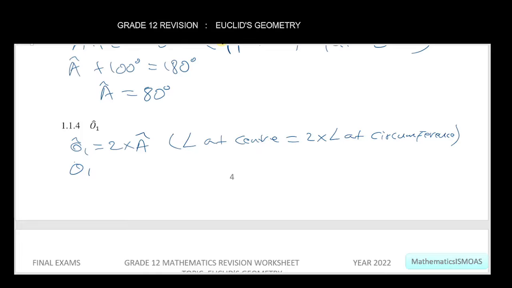Then we say angle O1 will be equal to 2 times 80 degrees. Angle O1 will now be equal to what? 160 degrees. Okay, that is the end of 1.1.